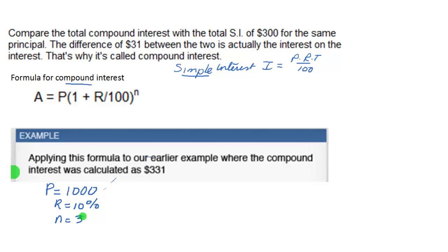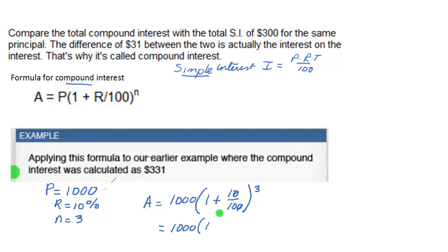So 3 times we calculated interest, so that's your N. So A equals 1,000 times 1 plus 10 over 100 to the third. Let's do this parenthesis here. The 10s just cancel. We have 1/10 here, so 1 and 1/10.